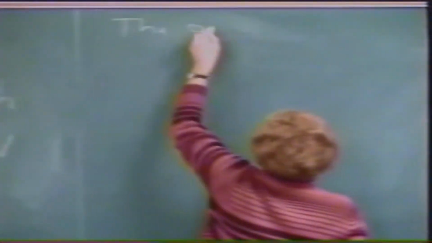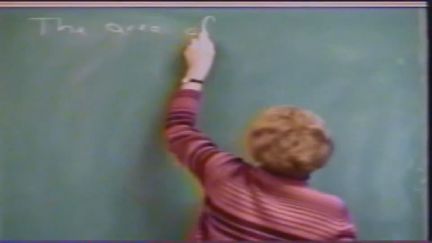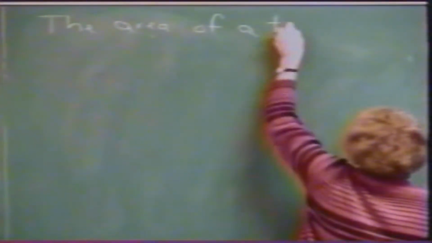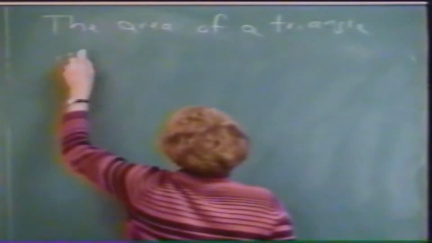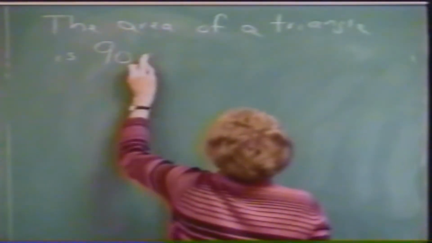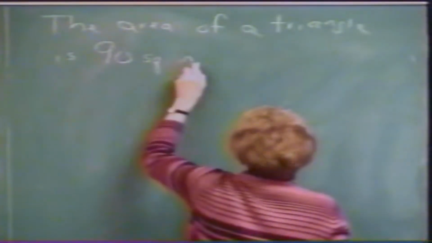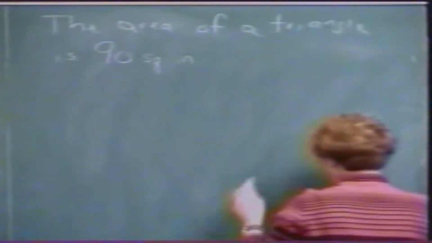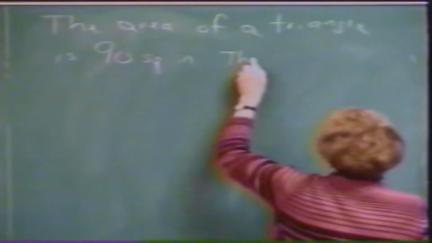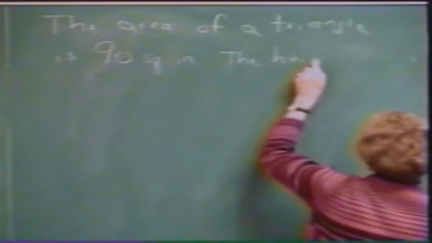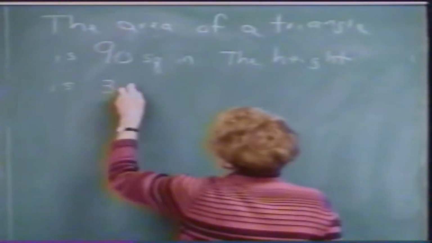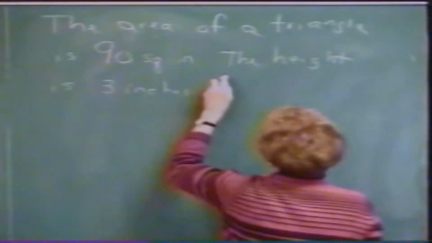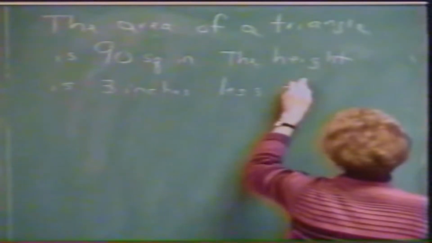The area of a triangle is 90 square inches. The height is 3 inches less than the base.